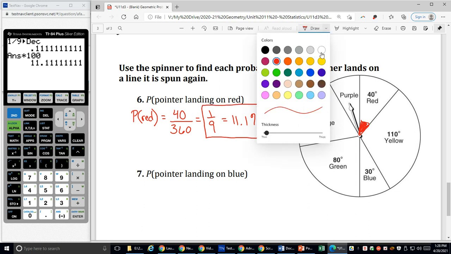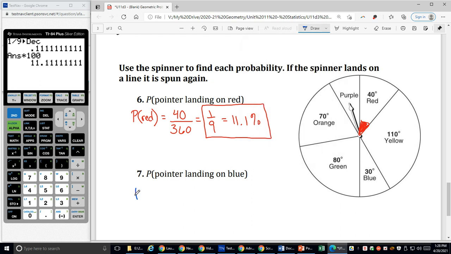Let's look at the probability that we land on blue. Here is blue, and always check your spinner to see if there are any spaces that are the same color, like if a color repeats. I can see on this one all my sections are different colors, so I don't have to worry about that, but sometimes you'll have a spinner that repeats colors, so you have to really watch for that. But this is not, it's 30 out of 360.